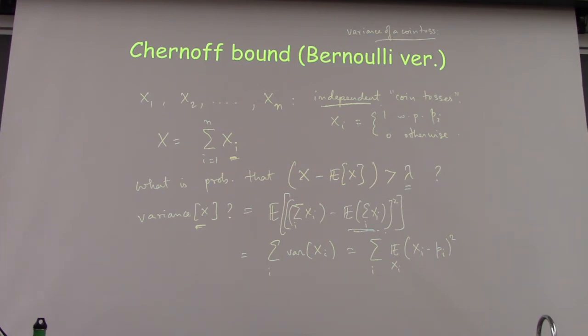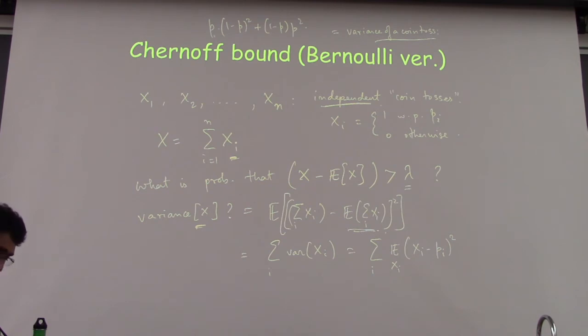A coin toss is a very simple random variable, right? It's either 0 or 1. So you can compute it by basically saying with probability p, the variance term is 1 minus p whole square, plus with probability 1 minus p, it will be p square. I leave it to you to verify this.